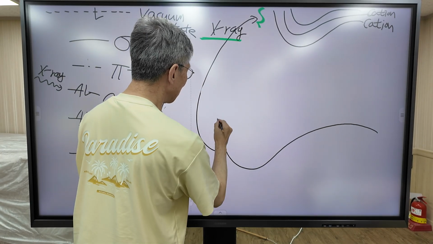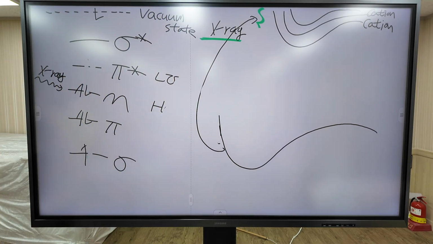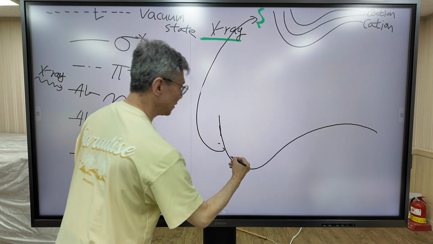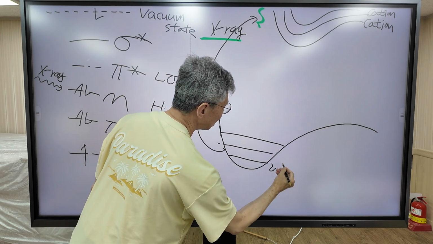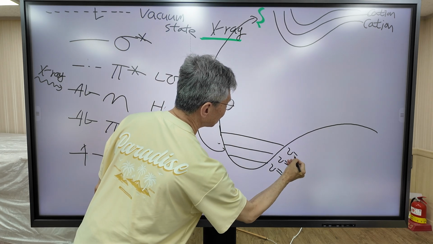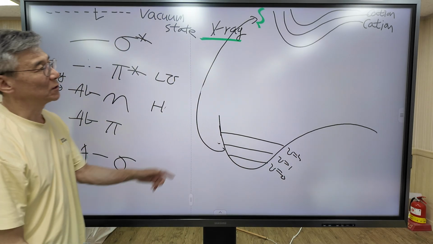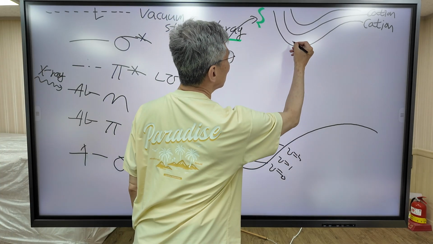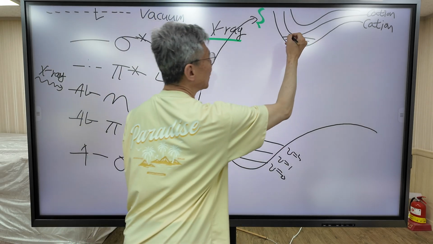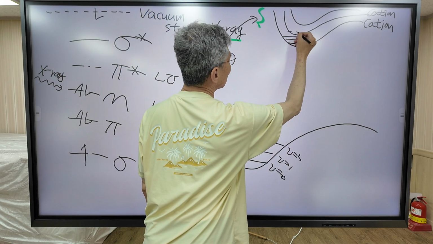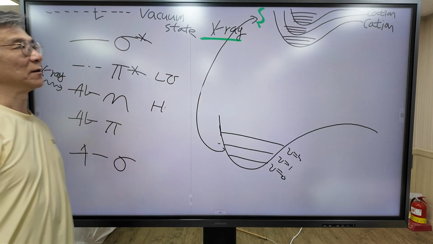And on top of this potential energy curve, there is a set of vibrational levels. This is the vibrational level. The cation also has vibrational levels. On each potential energy curve of the cation, we have vibrational levels.